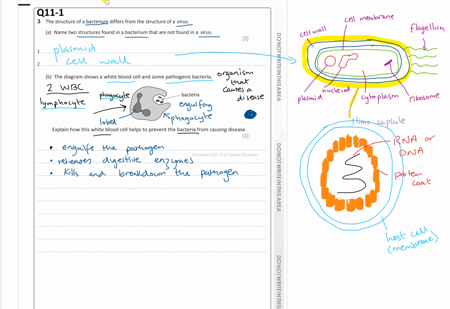And then what it does is, how does it prevent? Okay. So what you've got is engulfs, releases digestive enzymes, and then it just kills it. That's it. You've got it. Breaks it down, digests it. Okay.